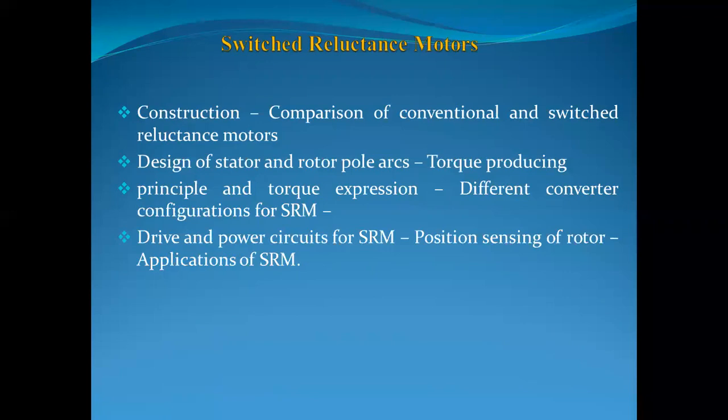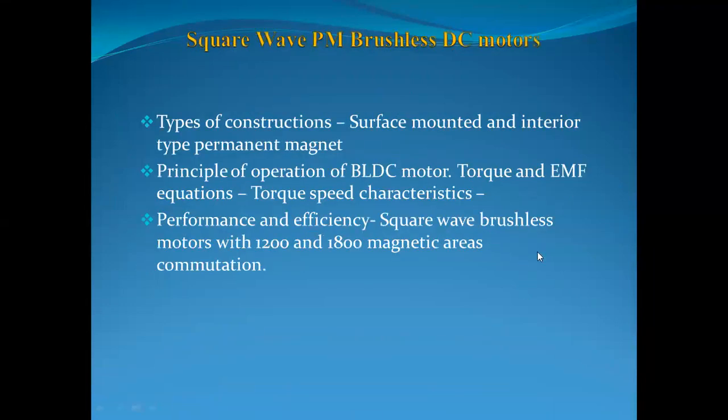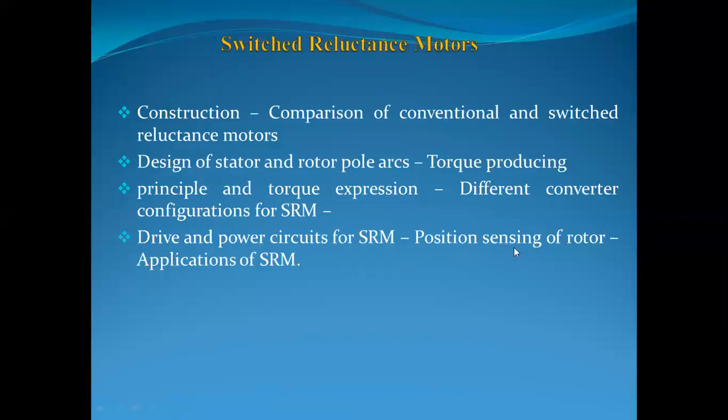In a magnetic circuit, if you consider any motor having an air gap, the reluctance value changes depending upon the air gap value. If the air gap value is high, the reluctance value is low. If the air gap value is low, the reluctance value is high. Like that, we will consider it. That is nothing but the reluctance.